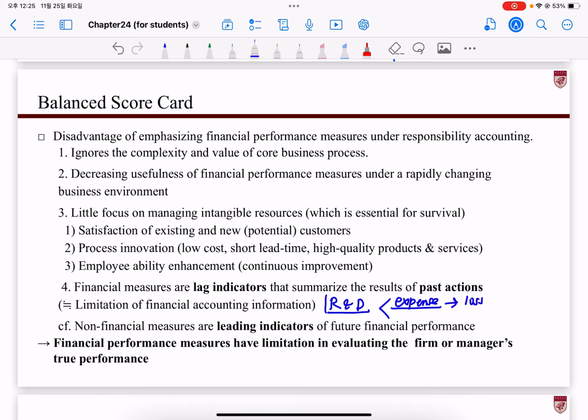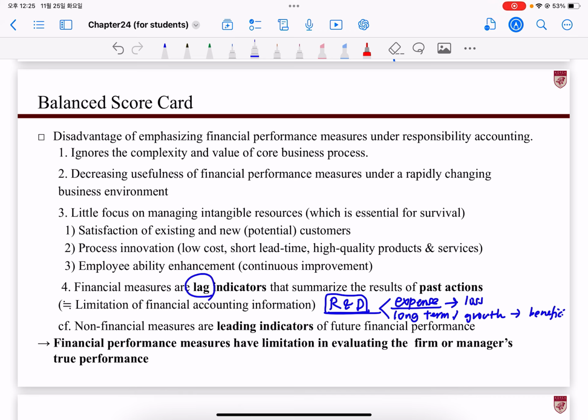But in the long term, more R&D can give you more long-term opportunities, right? Long-term growth. So it actually can be beneficial in the long term. So how can we see R&D expenditure, right?